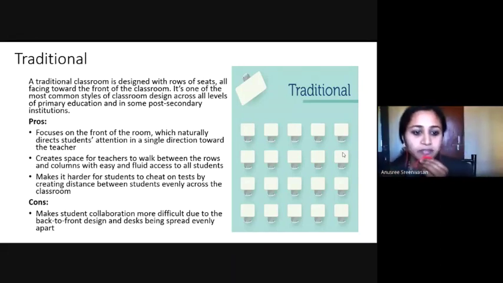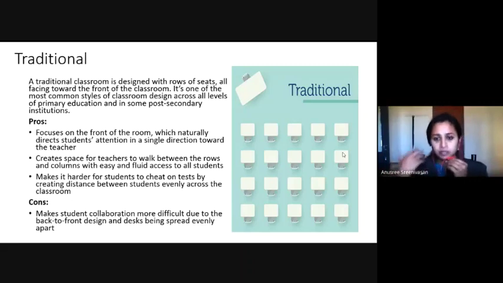So we all focus on the teacher, and it creates a space for the teacher to walk around or between the benches. And it makes it harder for the students to cheat on the test while we are taking a test.